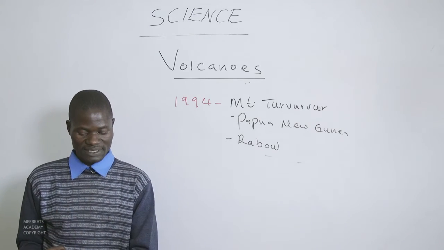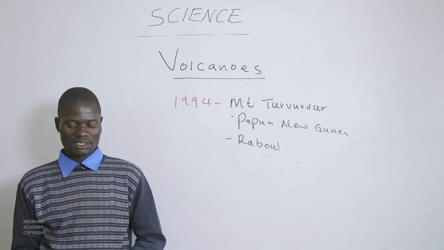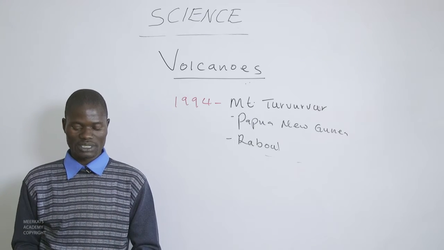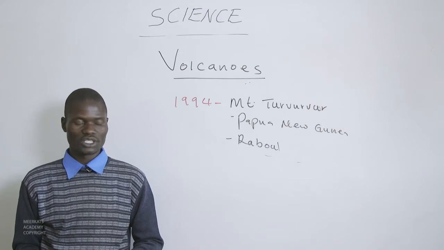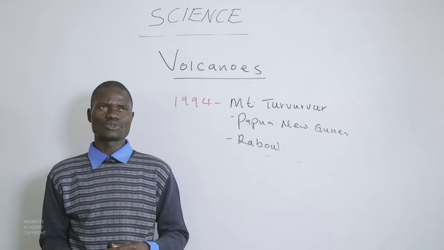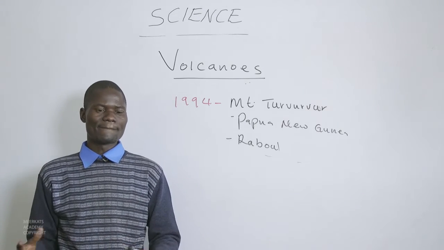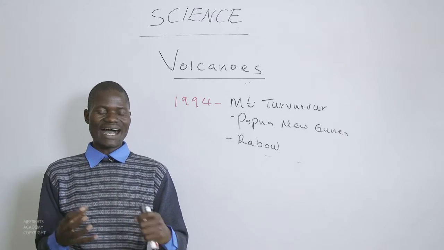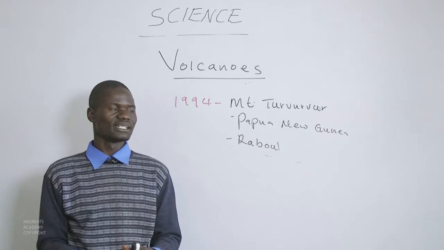And as a result of that, the rain that always occurs after the eruption will turn the ash into a very muddy mixture of the lava, ash, and some mud.